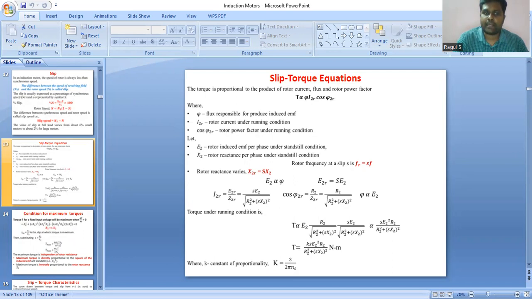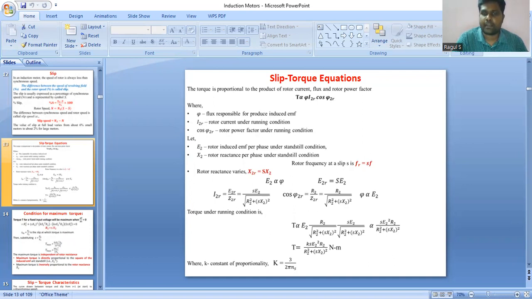The rotor reactance varies with slip because the rotor frequency Fr is equal to Sf. So the frequency varies automatically, directly proportional to the slip. Once the slip varies, the speed also varies. That is the main reason the normal induction motor does not rotate at synchronous speed.